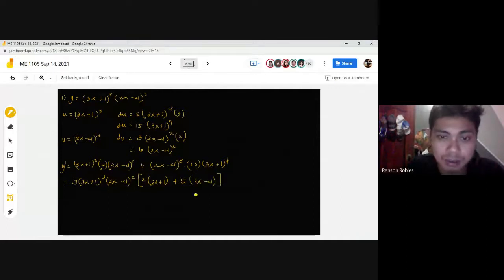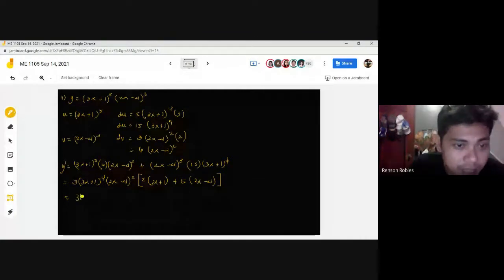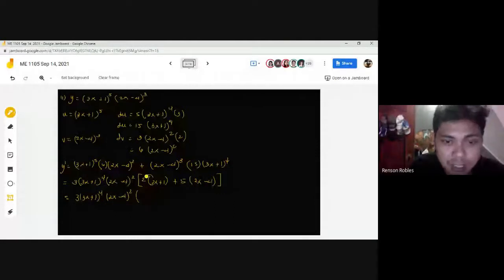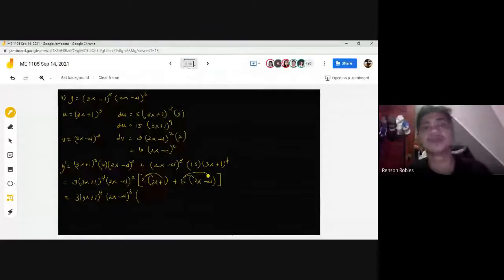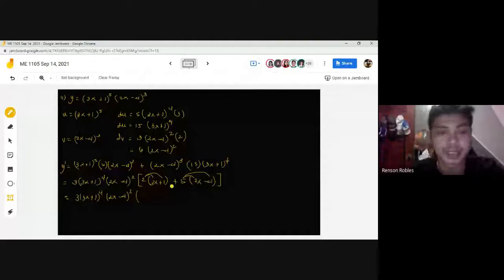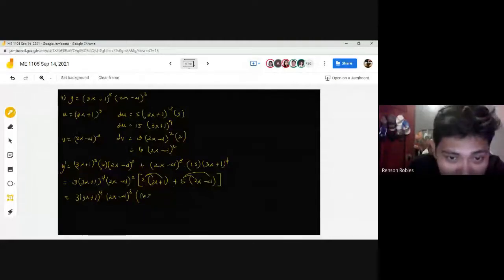And then you simplify. 3 times (3x plus 1) to the 4 times (2x minus 4) squared times. Then you just introduce this to each term inside. You do the same here. And then you add. Okay. So that will lead you to 6, 10, 16x, 2 minus 20 minus 18.